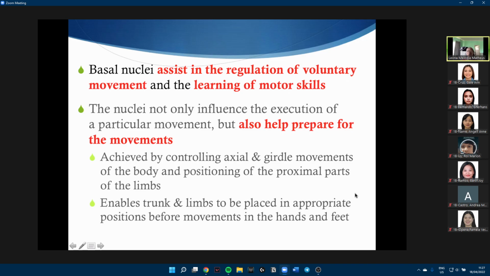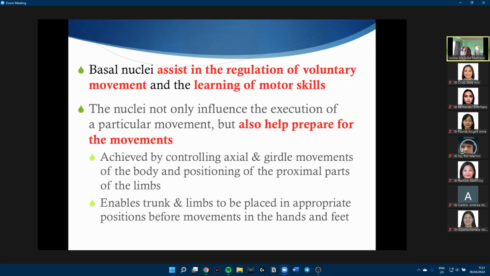So for example, you're going to play basketball, and specifically, you're going to shoot the ball. Here, the first part, of course, is the axial and the girdle position, so the body becomes a little tilted.